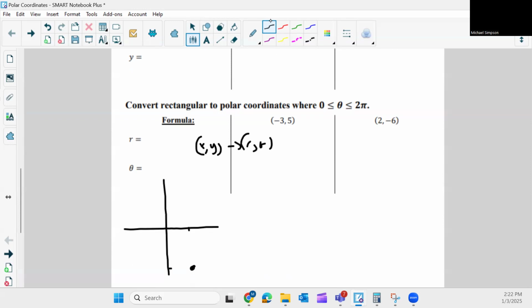So I need to find the r value, which is going to be the distance from the origin. You see where I'm going with this, right? A right triangle. So we know this distance is 2 units, and the height is -6. The height is right there.